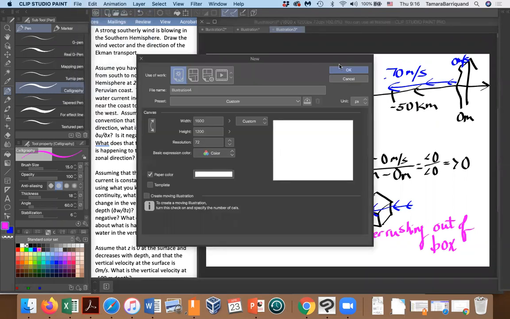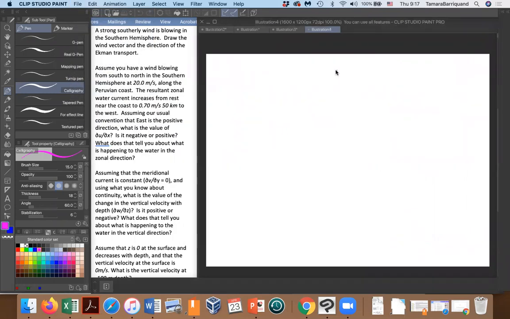And we can see that in this case, what we want to find out, we want to think about continuity. So we know that continuity tells us that there are no holes in the ocean.